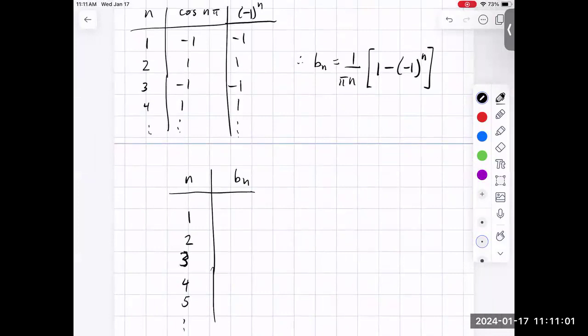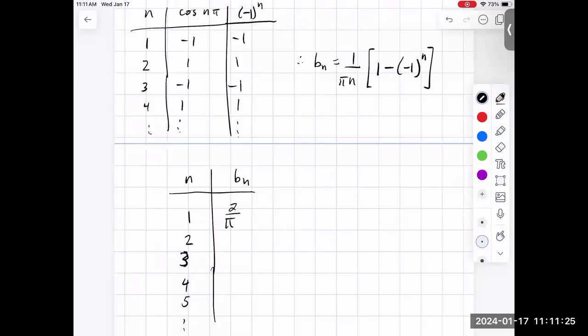So we'd have 1 minus, then n equals 1. Minus 1 to the power 1 is minus 1, but we have the minus 1 outside, so I think we get 1 plus 1 in this case. And so then we have 2 divided by pi times n, but n equals 1, so I think this is 2 over pi.